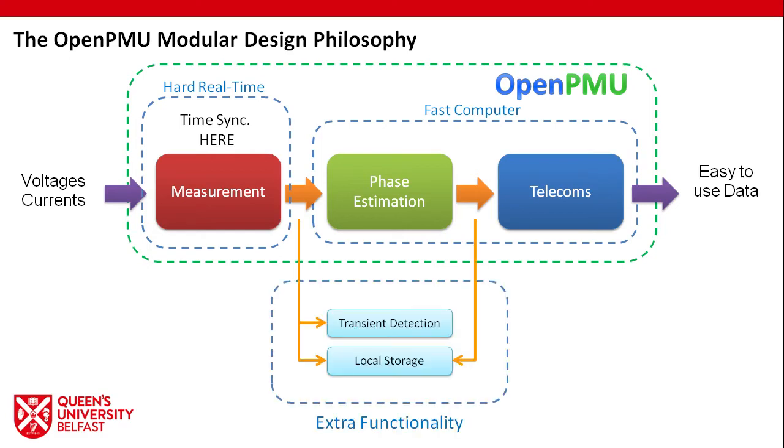From a purist perspective, a phasor measurement unit only measures phasors. That is to say that the only data that a PMU should provide are synchrophasors. However, most commercial PMUs that are available are multifunction devices, and one of the most common functions you'll find on these multifunction devices, in addition to the PMU function, is that of a disturbance fault recorder. Now, that can easily be added in the OpenPMU environment by creating another module which sits and listens to the stream of sampled value data that comes from the measurement block.